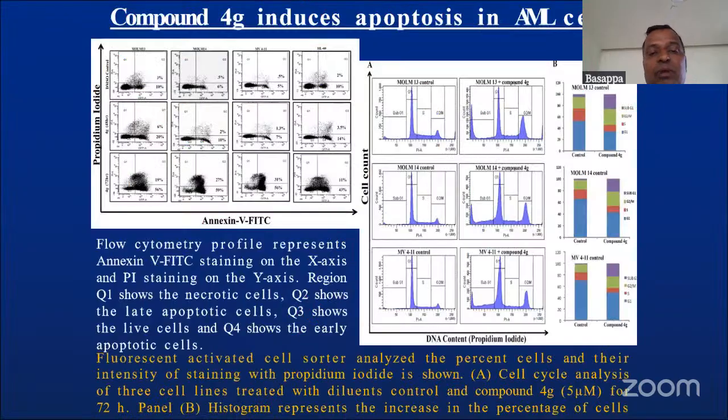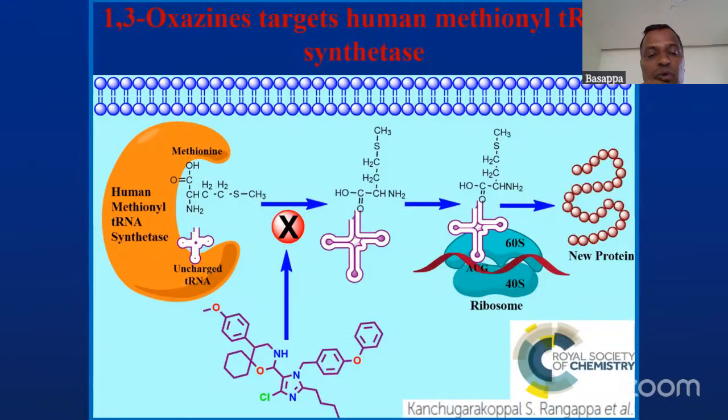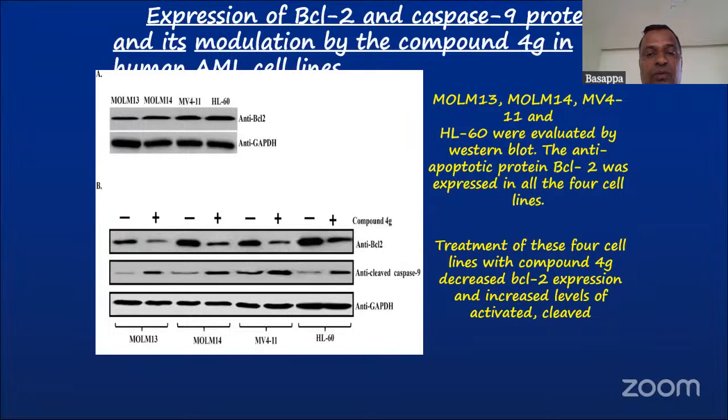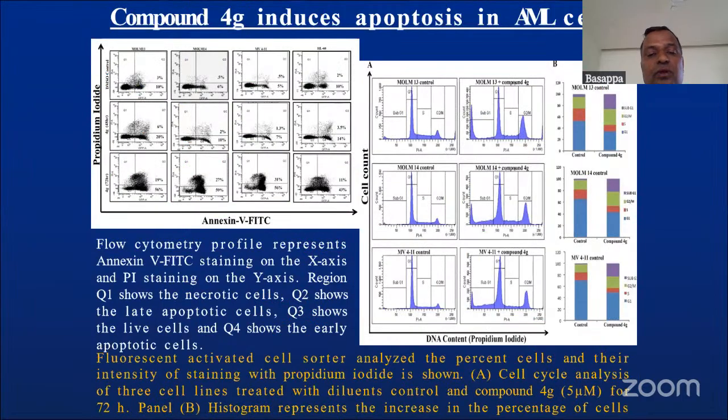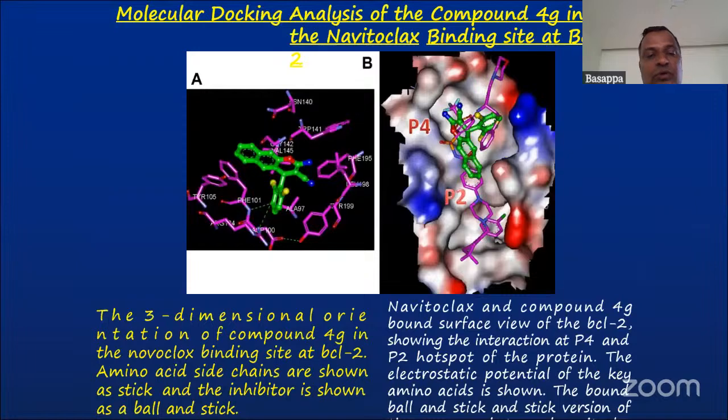Coming to the other work, which I have explained about BCL2. So this is the in silico data where BCL2 is bound by the new amino nitrile compound, which is a Suzuki coupled product.